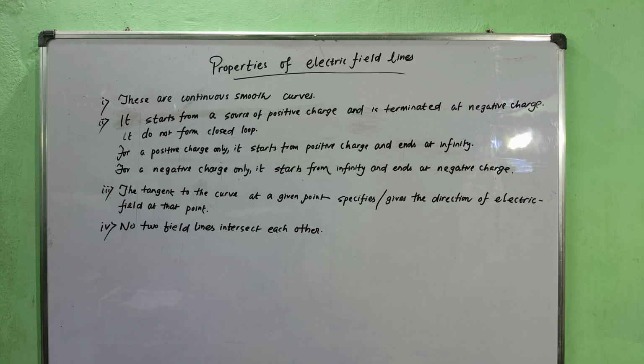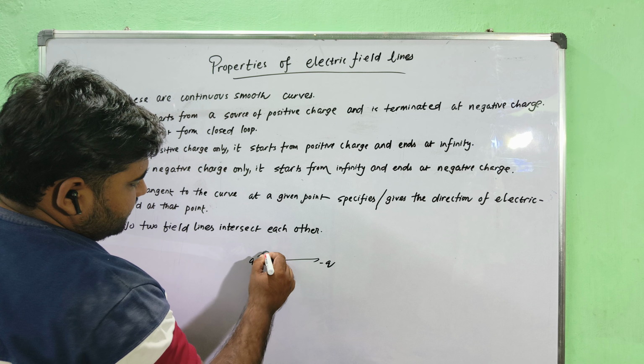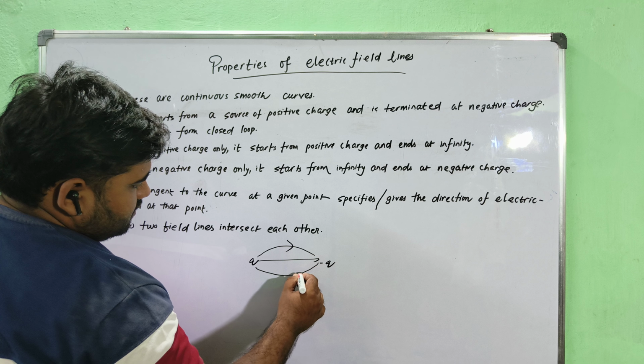One is a positive charge and the other is a negative charge, or in another case both are positive charges, and in the third case both are negative charges. This is not that important, what the combination of the charges is. So we'll say this is plus q, this is minus q. Electric field lines are from this side to this side.